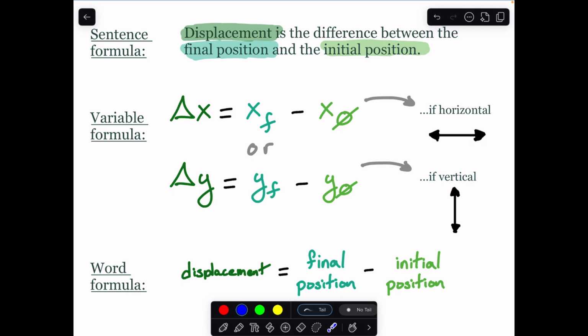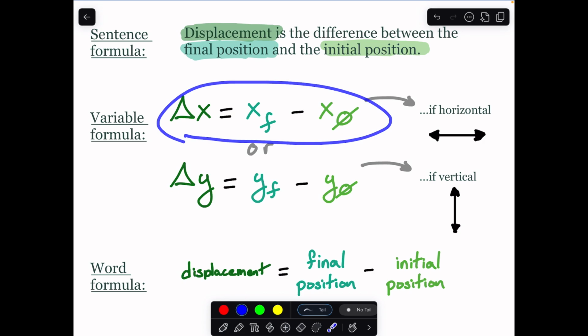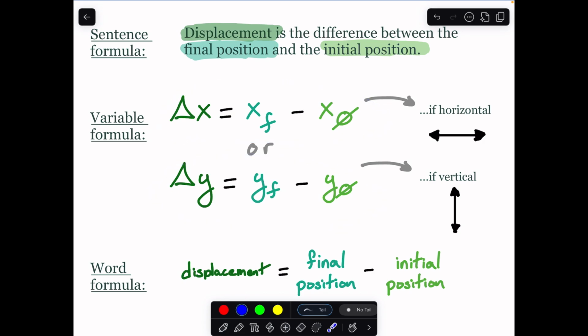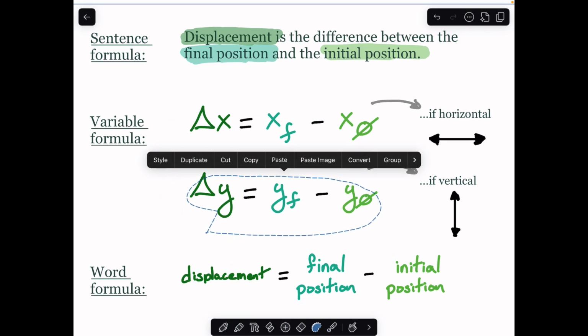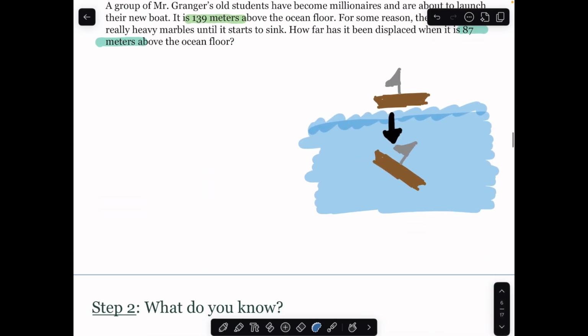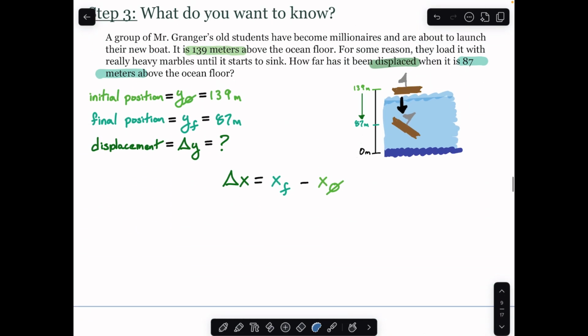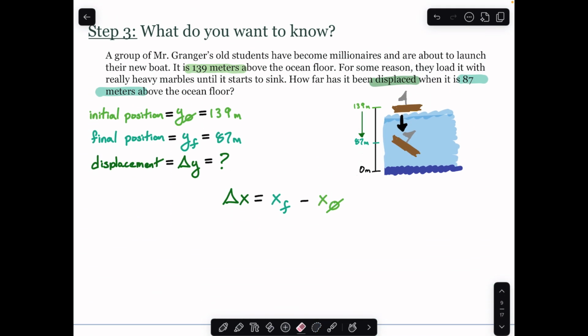Namely, that I'd have to introduce both versions of this formula at the same time. Both of them mean the same thing. This is final position, this is final position, this is initial position, this is initial position. These are both displacement. So now we're set up to use this version of the formula to solve instead of this x version.